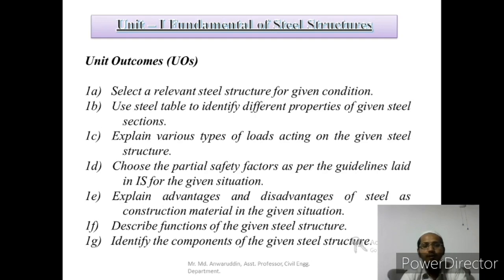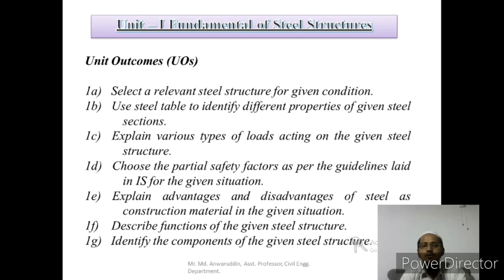this unit. After completion of this unit, we will get some outcomes, which are: we can select a relevant steel structure for the given site condition. We can use the steel table to identify different properties of given steel sections for the given conditions. We can explain various types of loads acting on the given steel structures.